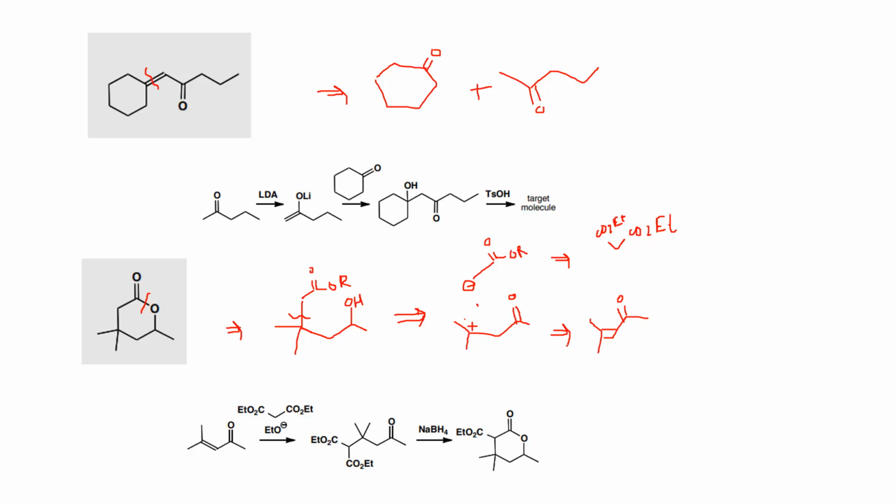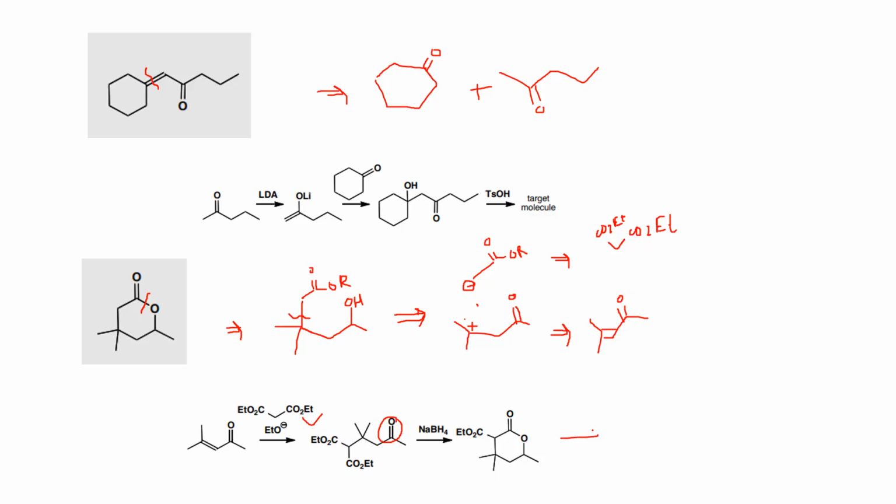This will be the forward synthesis where this alpha beta unsaturated compound reacts with this nucleophile to form this compound. Then through reduction, this will reduce this ketone selectively. After that, this ketone will transform to OH and react with one of the CO2 groups.